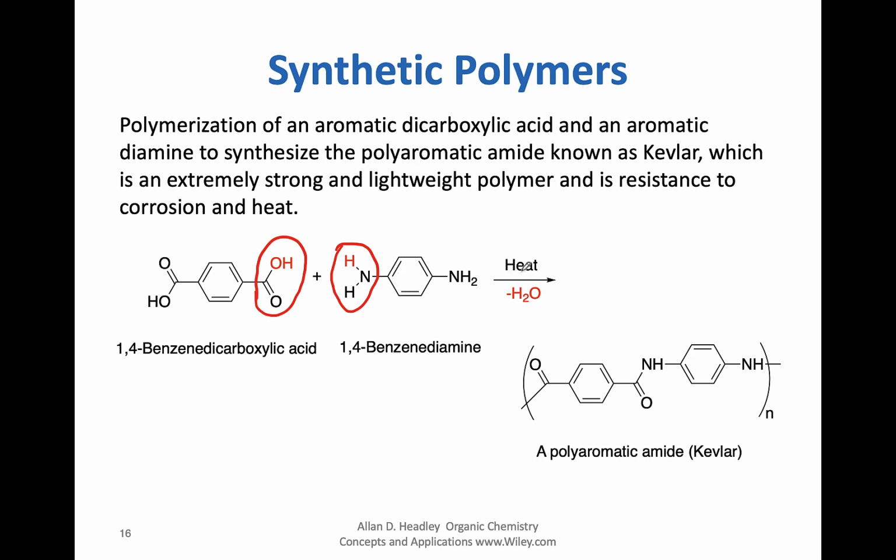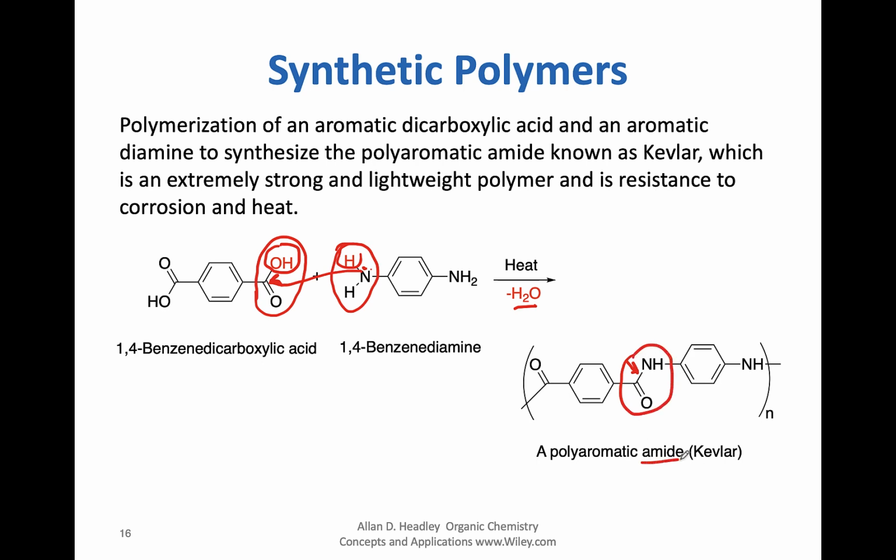If we heat this up, what should happen is we have an acyl substitution, where this comes off as water, as shown here, and this nitrogen now bonds to that carbon, and here we have that bond right here. So we've made here an amide bond.